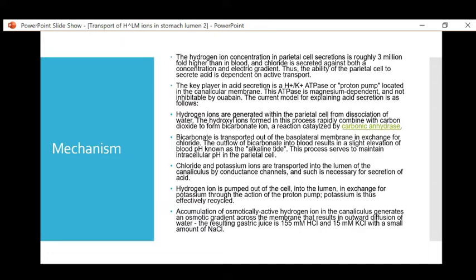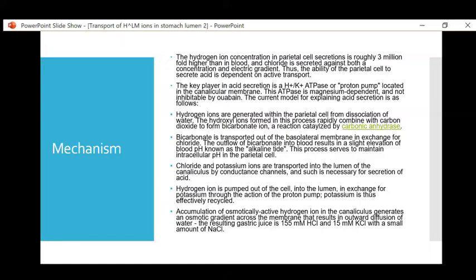The chloride and potassium ions are transported into the lumen of the canaliculus by conductance channels and are necessary for the secretion of the acid. Hydrogen ion is pumped out of the cell into the lumen in exchange for potassium through the action of the proton pump. Potassium is thus effectively recycled.